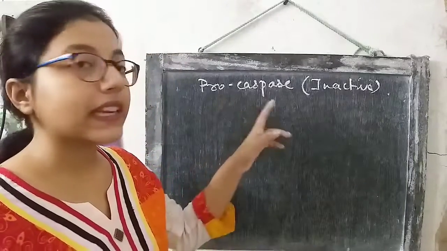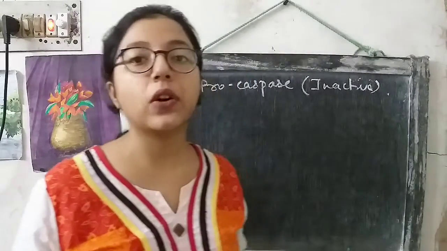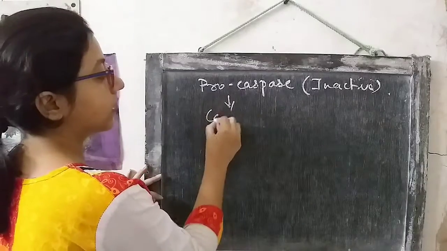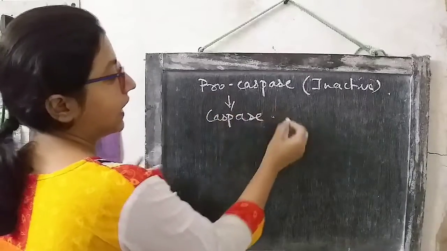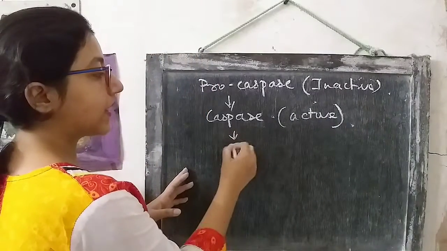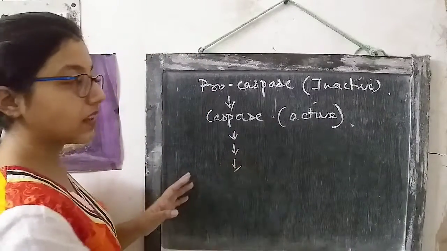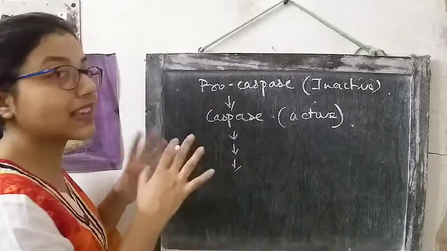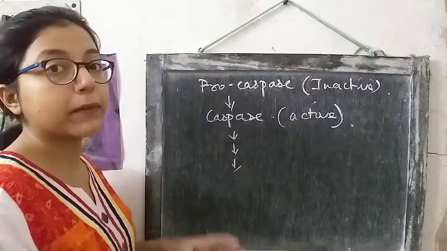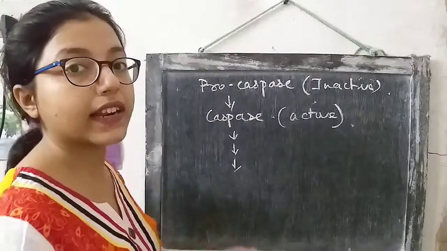Conversion of this inactivated form into the active form is essential for the beginning of the apoptosis pathway. The procaspase is first converted into caspase, the active form. This caspase will carry out the next reactions. A cascade of reactions happens, and the end product of all these reactions is target cell death.